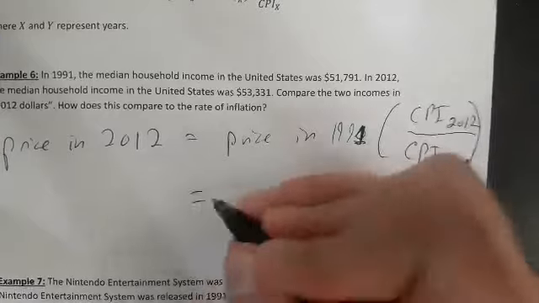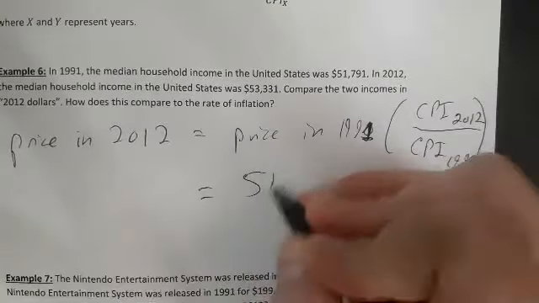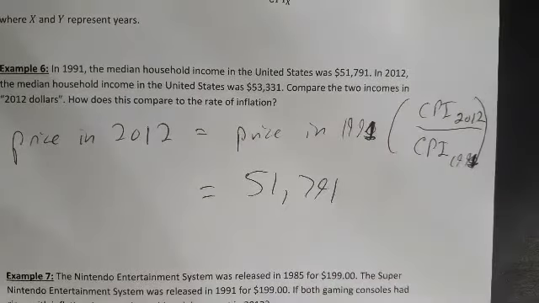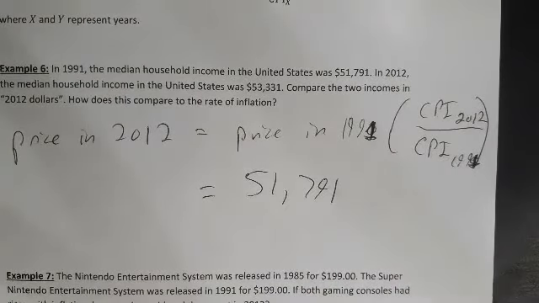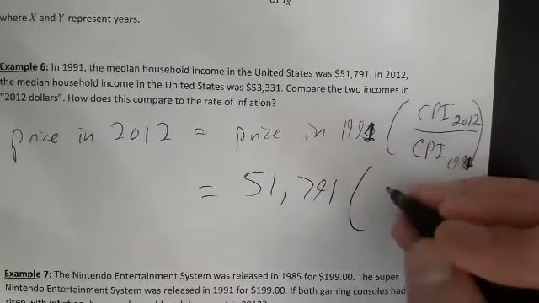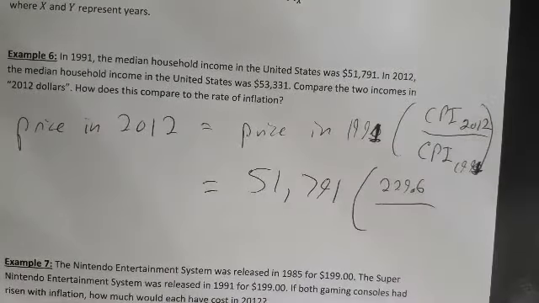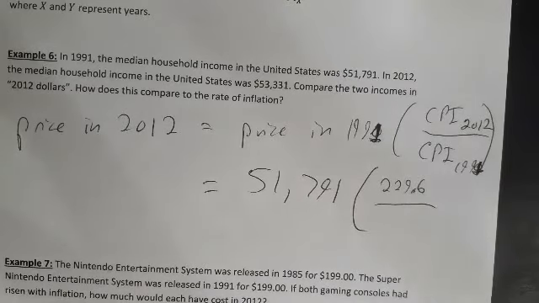Okay, so the price in 1991 was $51,791. And if we take 51,791 and we multiply it by the CPI in 2012, which is 229.6, divided by the CPI in 1991, which is 136.2.